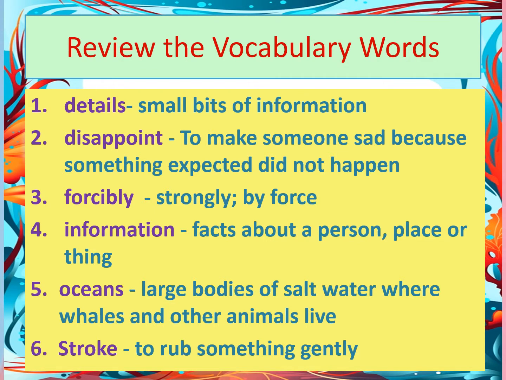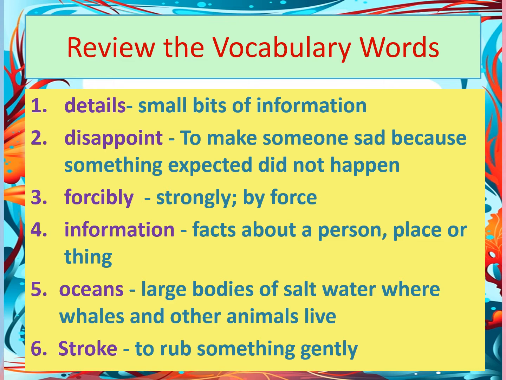Let's review the vocabulary words. We're done. So we have 6 vocabulary. All you need to do is read the word twice and the meaning only once. Okay, let's read together. Details, details, small bits of information. Disappoint, disappoint, to make someone sad because something expected didn't happen.